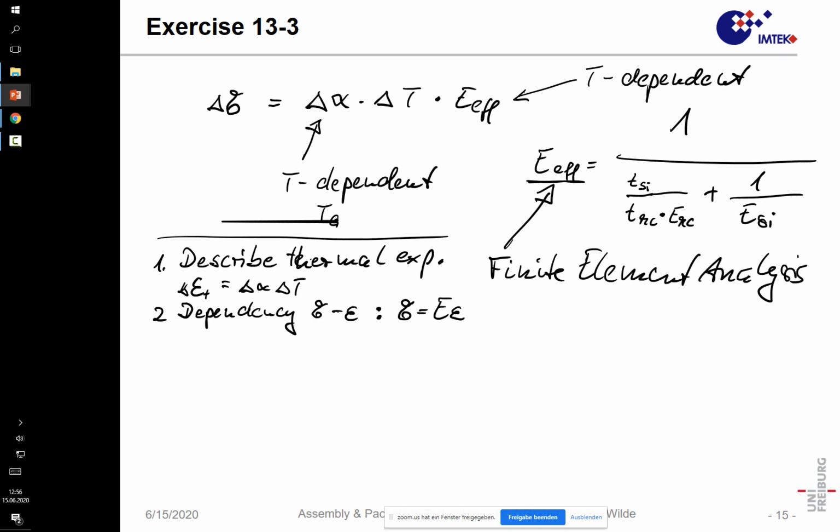And now, as we want to know the stress in the silicon, we have to have some information which relates both stresses and strains, and one of these is equilibrium of forces.